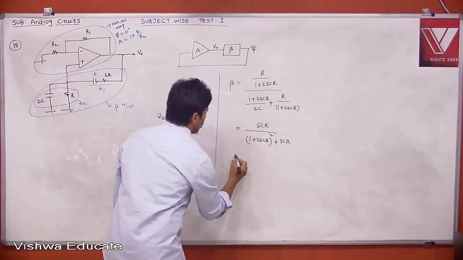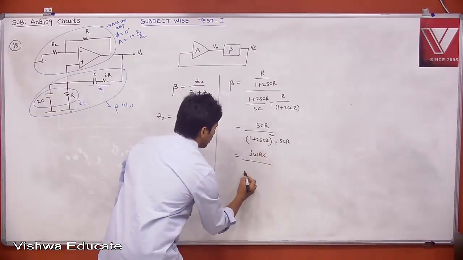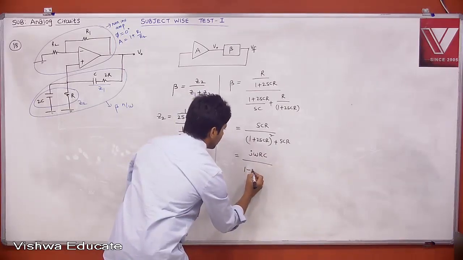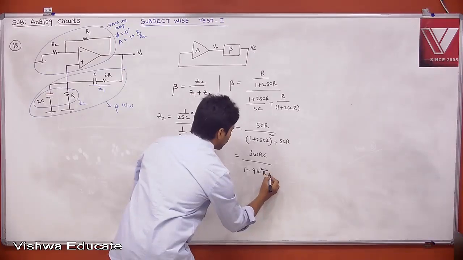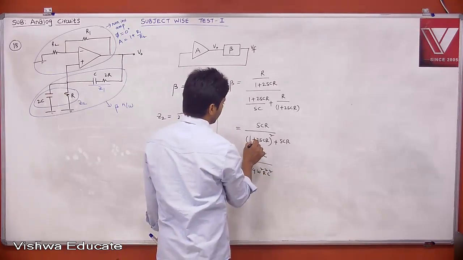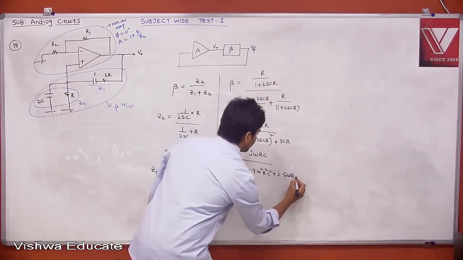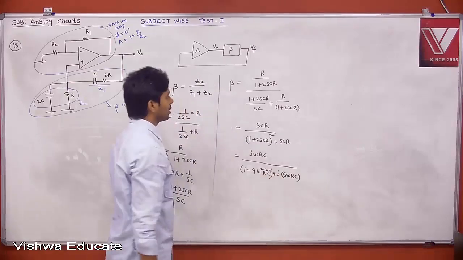If you put S equal to j omega, then j omega RC divided by A square plus B square, which is nothing but 1 minus 4 omega square R square C square plus 2AB, 2 twos are 4, plus 1, 5. Therefore, j into 5 omega RC. This is what you get. Right? This is the real part and this is the imaginary part.